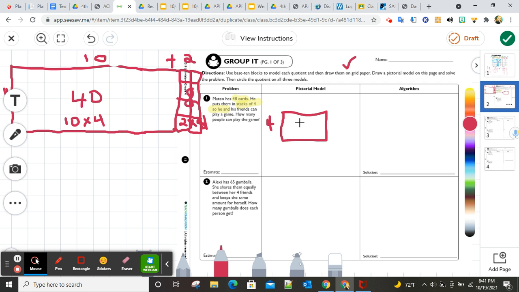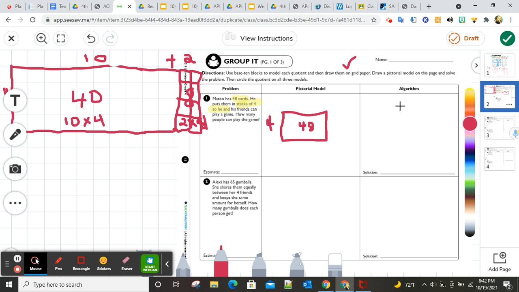And on the inside, I have 48. I'm trying to figure out what I'm multiplying by to get 48 because that will help me know what my quotient is, which is my other side of my area model.